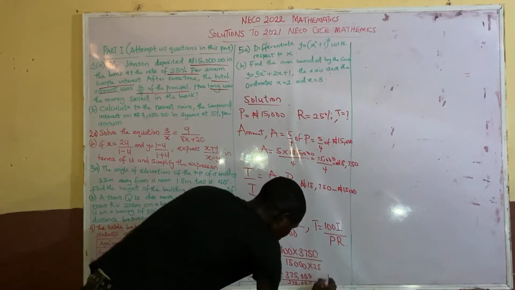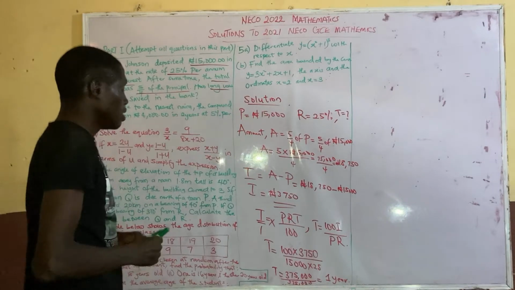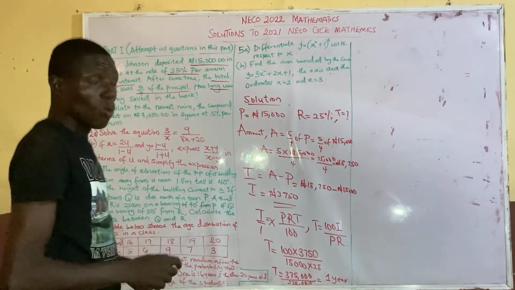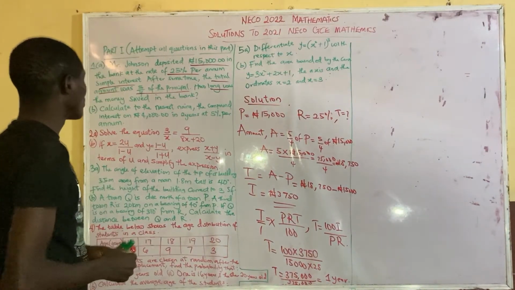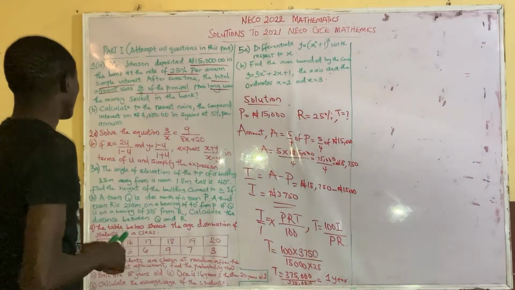So the answer is 1 year. The time for the borrowing of money is 1 year. You can even see that they say per annum here, and per annum is 1 year. So that's that about the question.